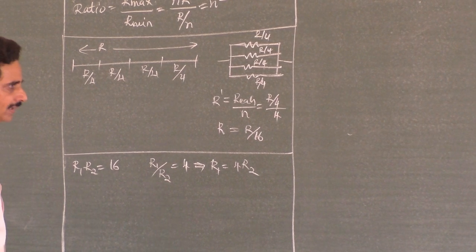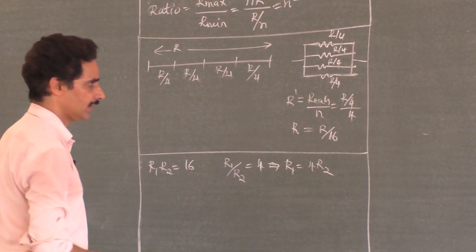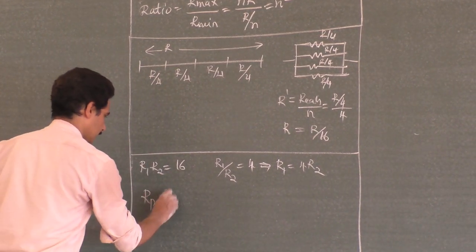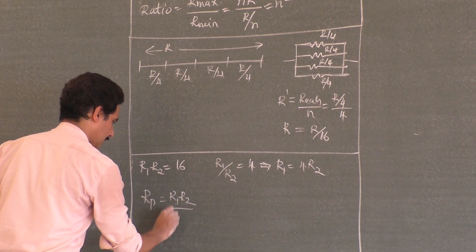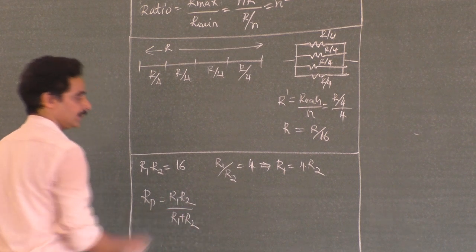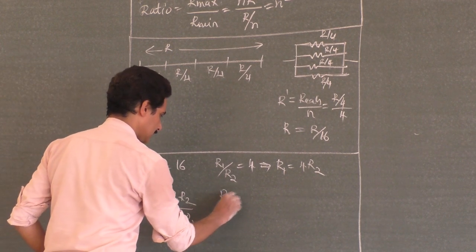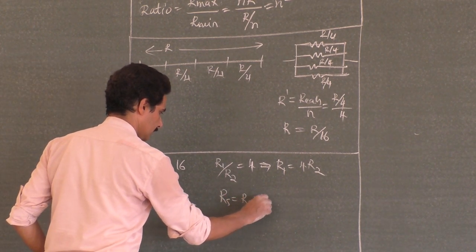Or otherwise you can use the Rp and Rs formula. What is Rp? Rp is equal to R1 R2 divided by R1 plus R2. Right? What is Rs? Rs is equal to R1 plus R2.